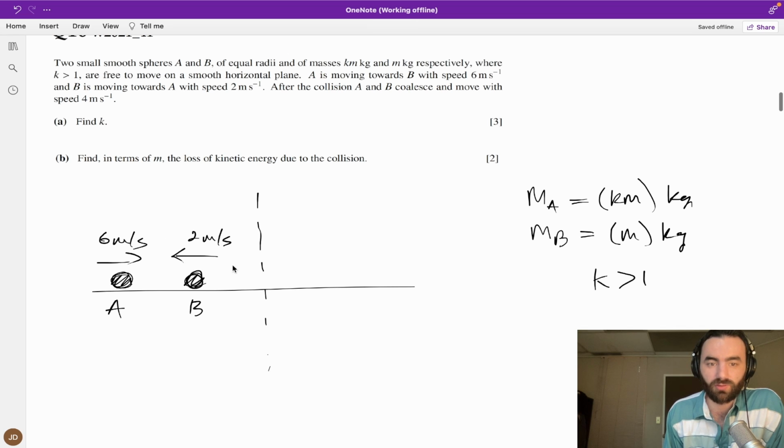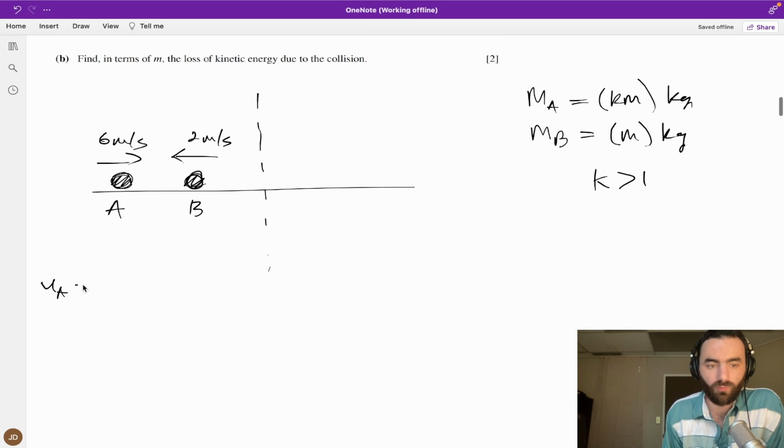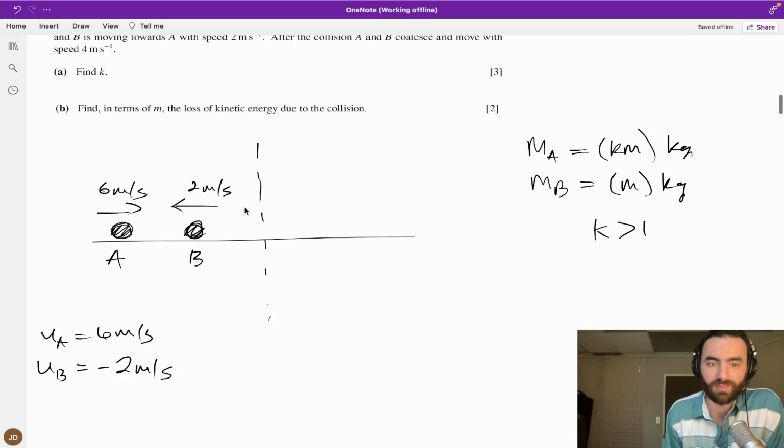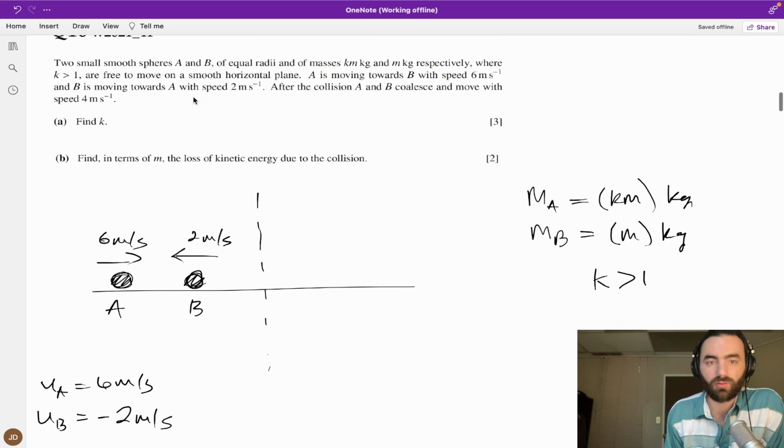So UA for the collision here is 6 meters per second, but UB is minus 2 meters per second, because it's acting in the opposite direction. Left is negative. And so they coalesce, they come together and stay together and start moving together like a happy, loving couple.